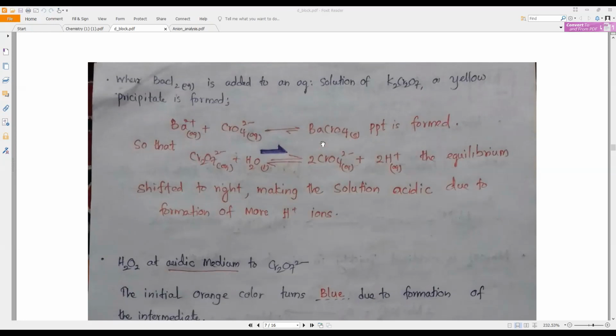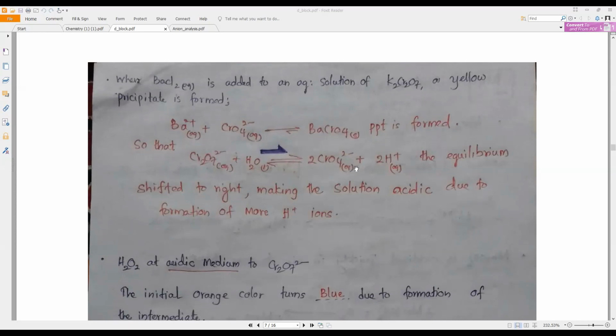So when you compare the equilibrium, there will be more chromate ions in the solution than dichromate, which typically gives the dominant color of chromate.